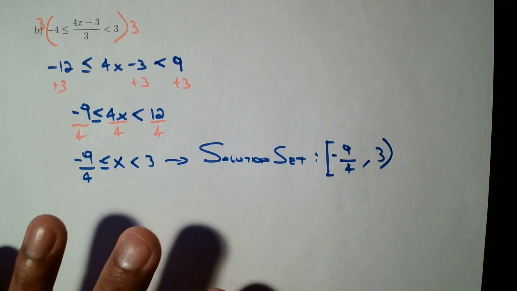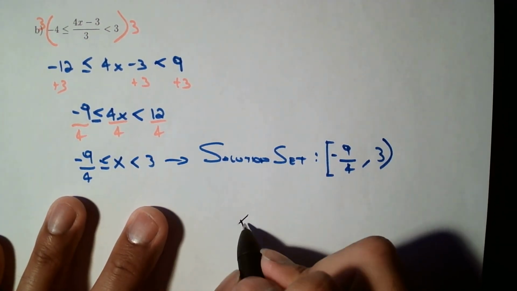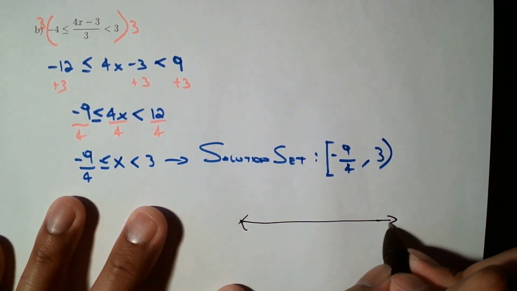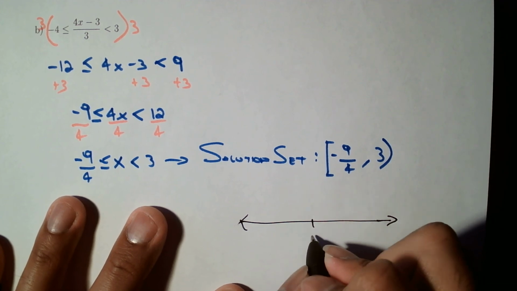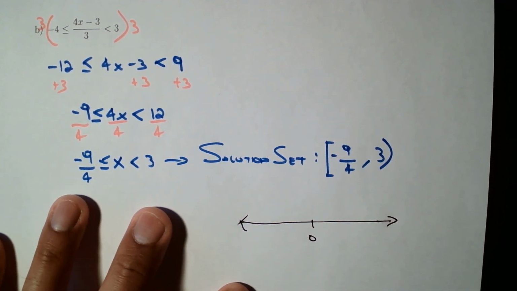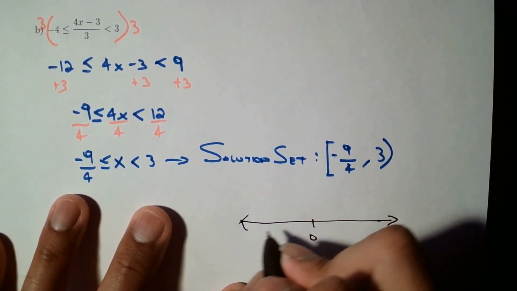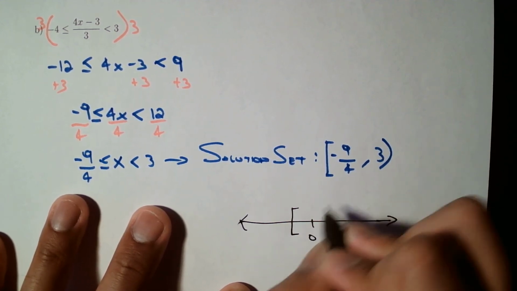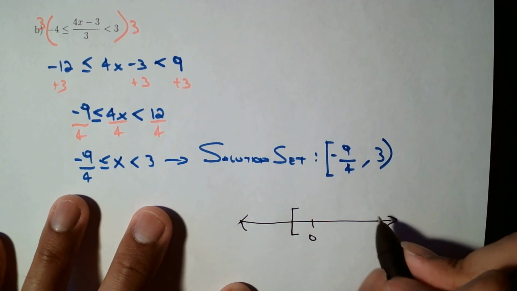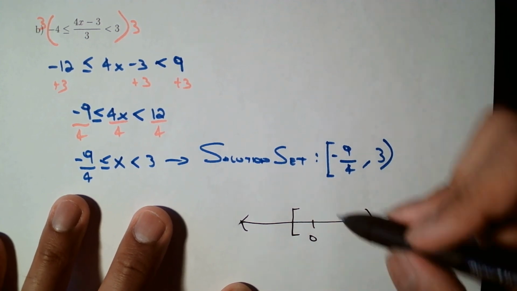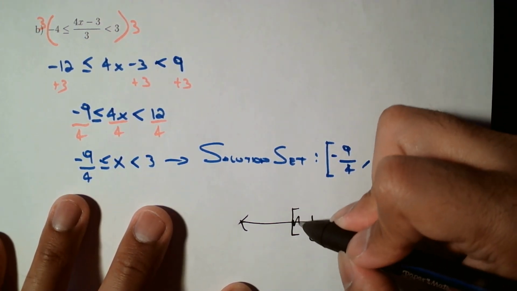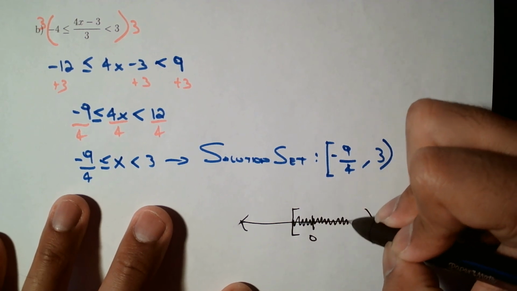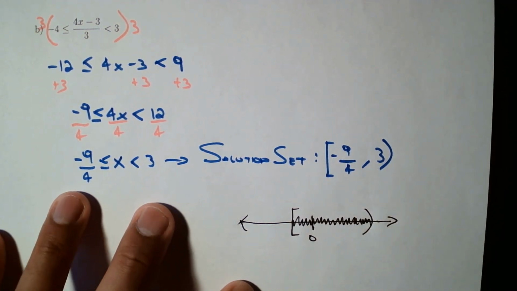And all you might want to do here is put it together on the number line. You don't have to be exact, as long as you have some good number sense. -9/4 is somewhere there, and 3 is somewhere here. And from there, just shade.